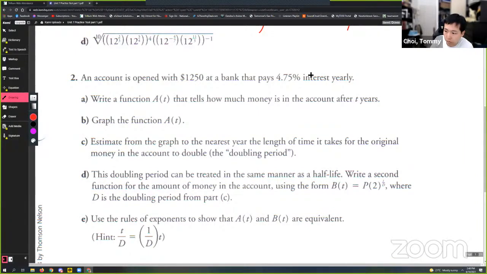Anyone? Yeah, the money you make on your money. So it's extra money you're trying to accumulate. Do you remember the formula for doubling?